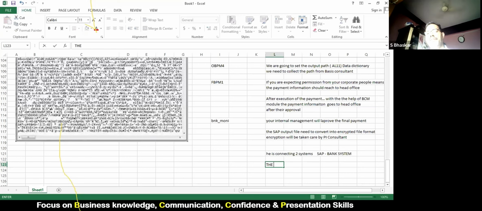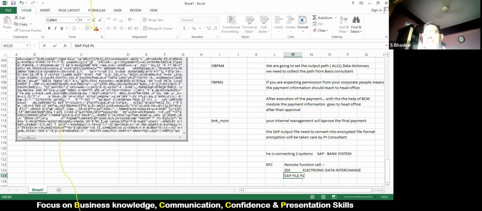He is using a technology called RFC, remote function call. With this technology, I am remotely sending the data from our system to the bank's system. So it is done through EDI, electronic data interchange.